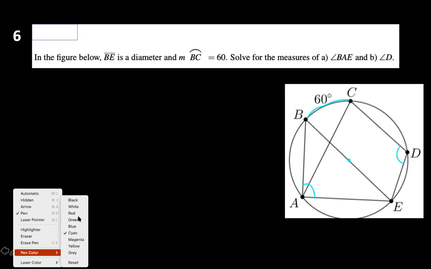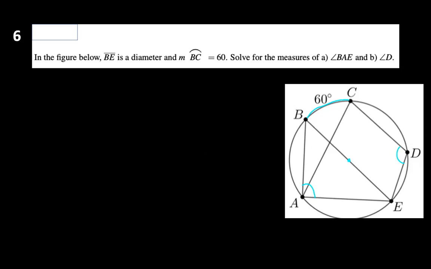And solve for the measures of BAE, here we go, BAE, and angle D. All right, so let's change the color. Okay, so now we can solve either one of them first. So let's talk about BAE, and this one is a diameter, right?